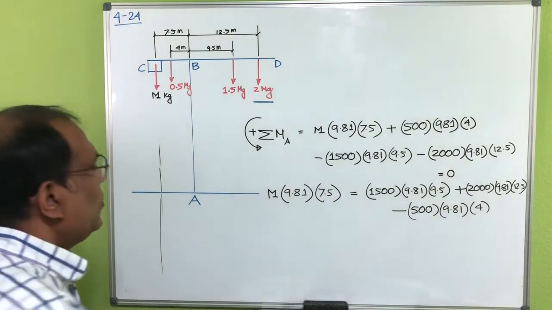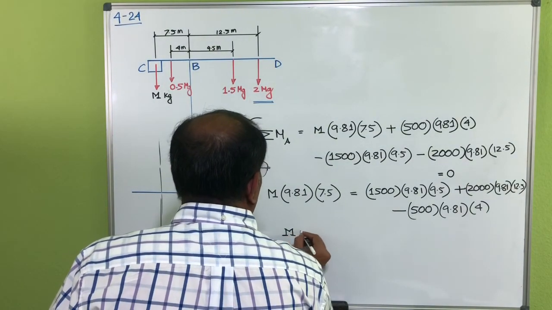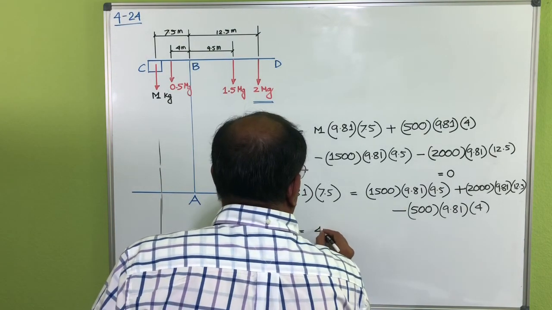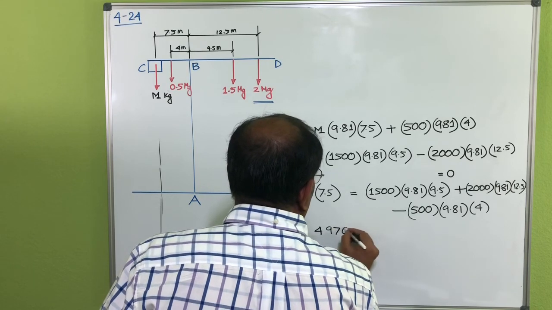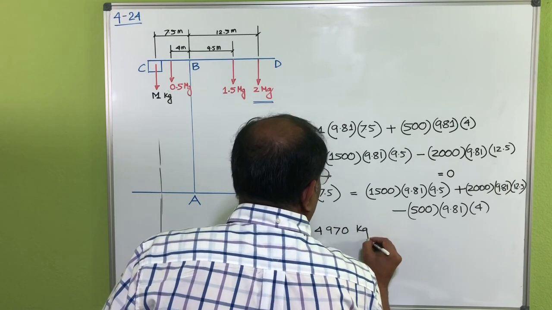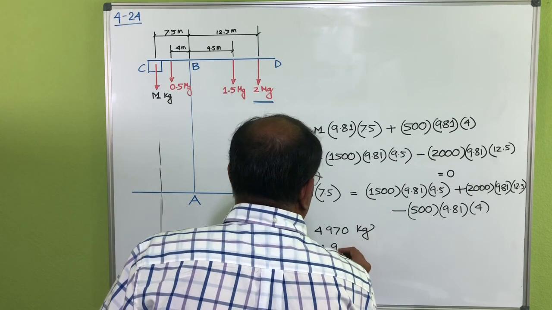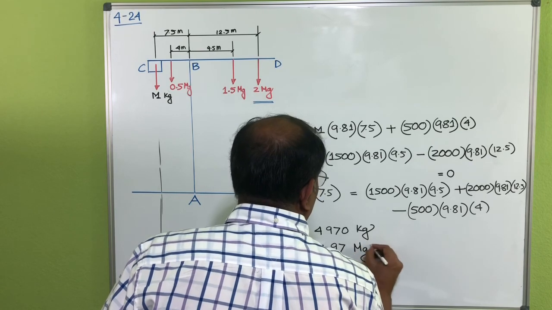Okay, so if I solve for m, then m would be equal to 4970 kg, which is basically 4.97 megagram.